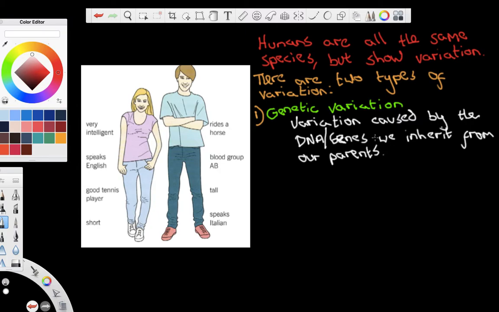I am going to add underneath here, in red because it is fairly important, that genetic variation is also known as inherited variation.